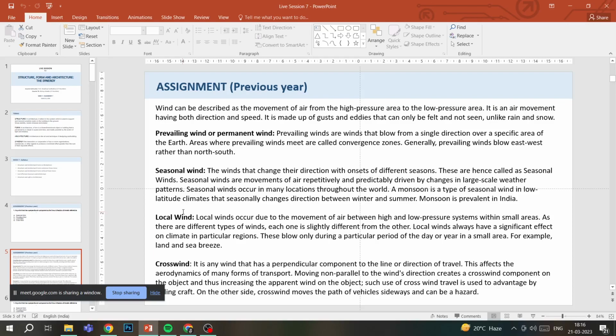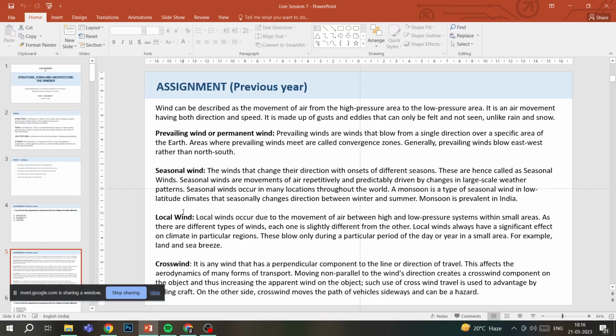For example, this is an object that is moving in this direction, and the wind is going in a slightly different direction. So that wind will have two components. If we convert it into vectors, one component would be in the direction of the transport, and the other would be perpendicular to it. That's why this is a crosswind.